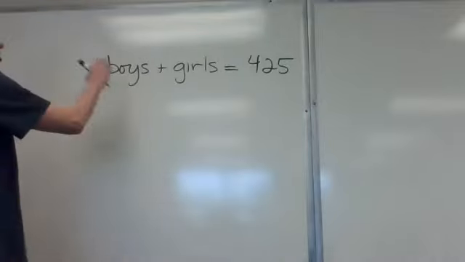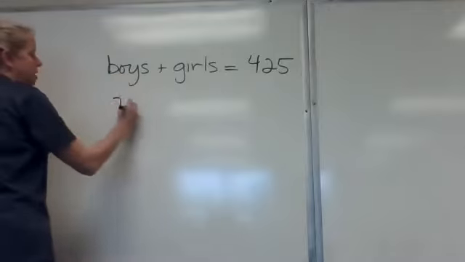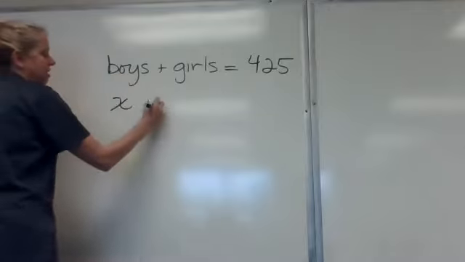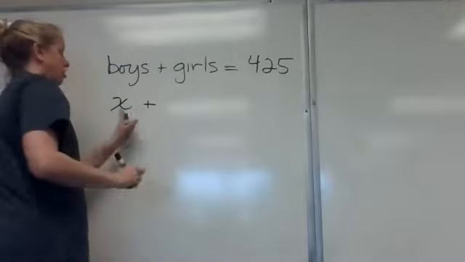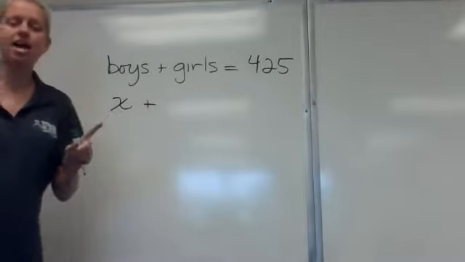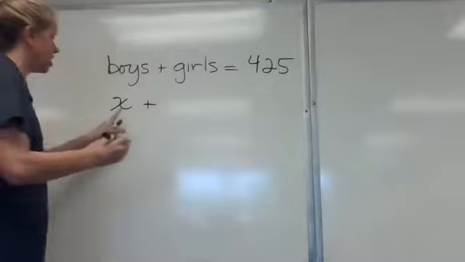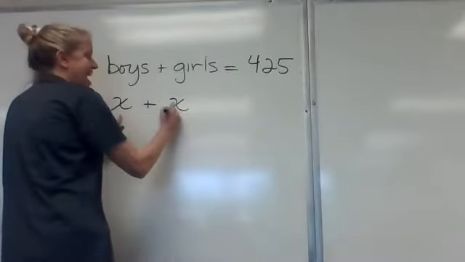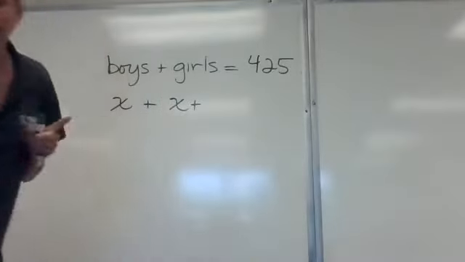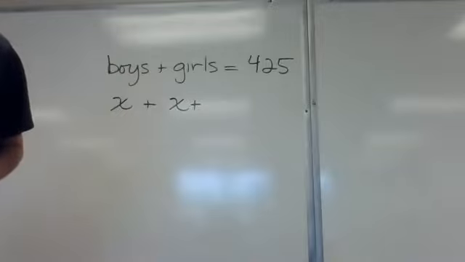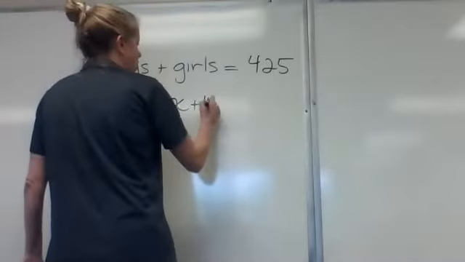So what I'm going to do is I'm going to call the boys my X. If the boys are X, what can I call the girls? They're going to also be X, but plus 153, right?